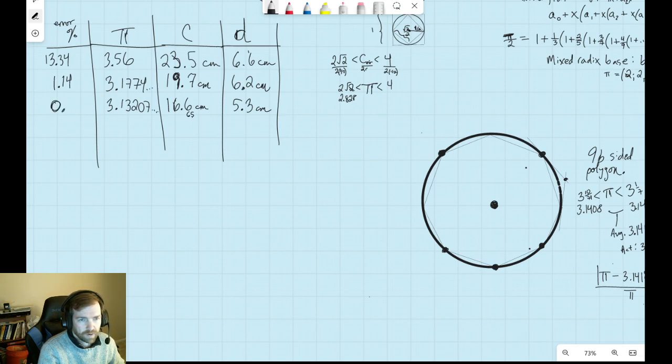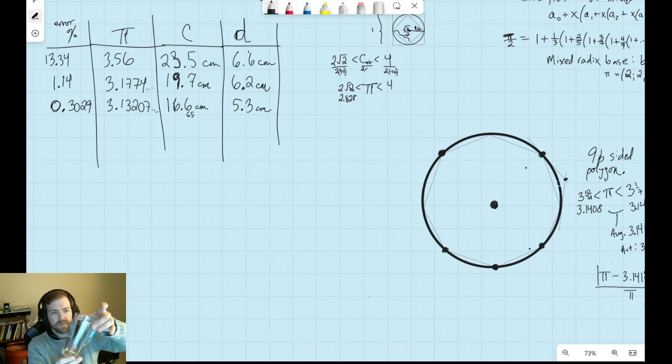Right now we are calculating pi using household objects. 0.3029%. 0.30 for playing fair, because I don't have that many significant digits, I don't think. So I was trying to measure around the outside of a pint glass and get circumference versus diameter, seeing just how well we can measure things.